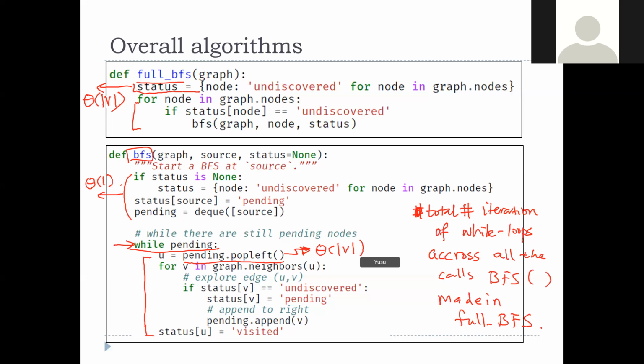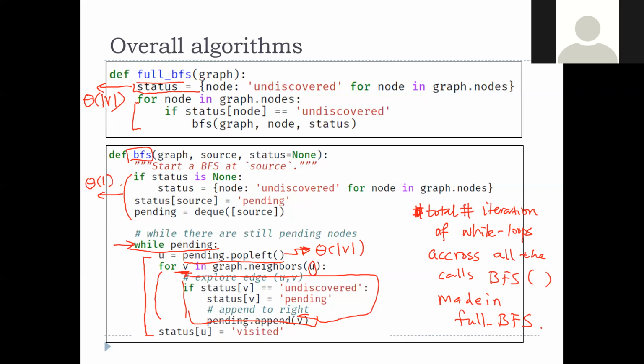Here we have yet another for loop. How many iterations does the for loop take? For each node U, I have to visit all its neighbors.